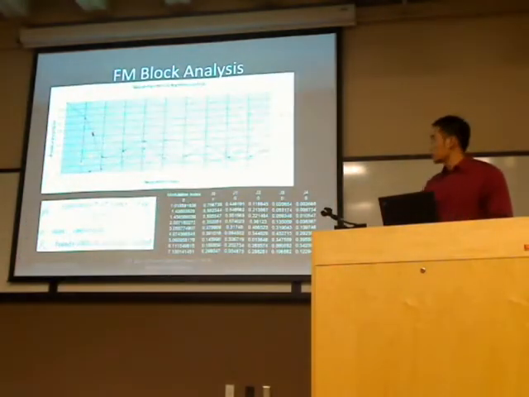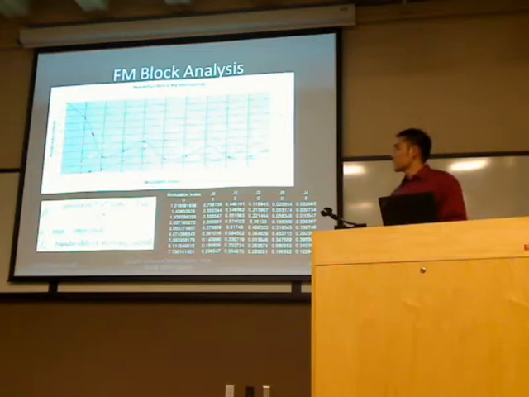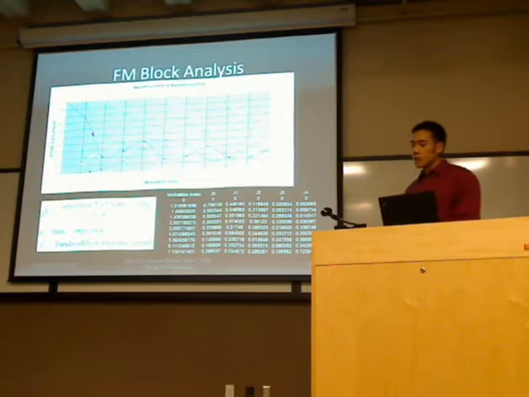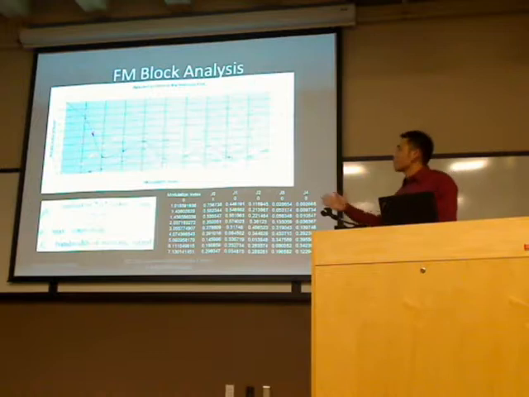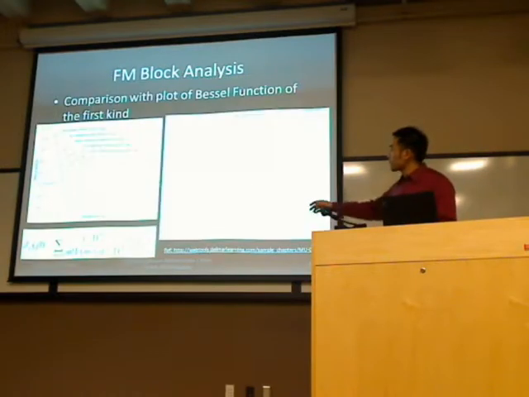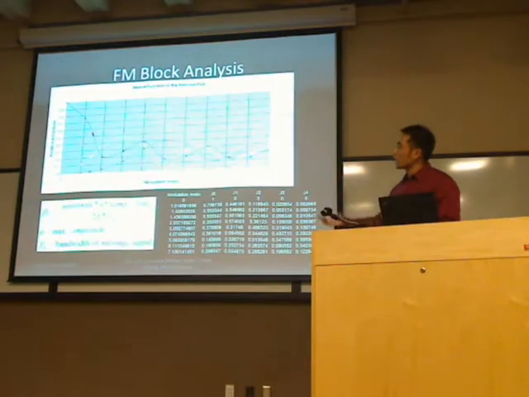So what we did was we took the time series from GRC and plotted it in MATLAB to get the frequency response for varying the modulation index. And you see it's fairly similar. The difference is that in the previous slide, we have negative relative amplitude. We don't have the capability of plotting that, but it reflects the same relationship.